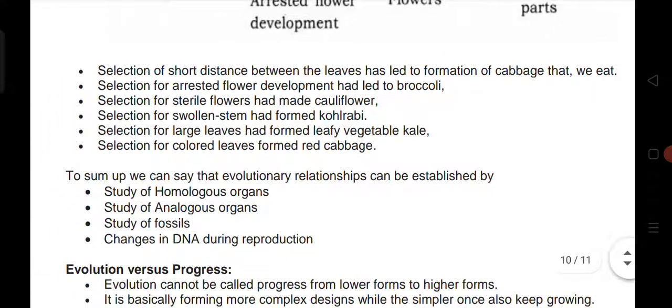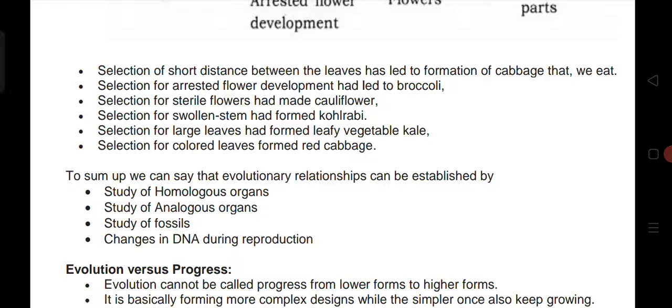So we can say that evolutionary relationships can be established by the study of homologous organs. How can you say that this type of relationship can be established by using several things, right? All these things explain the evolutionary relationships observed between the different types of organisms, right?